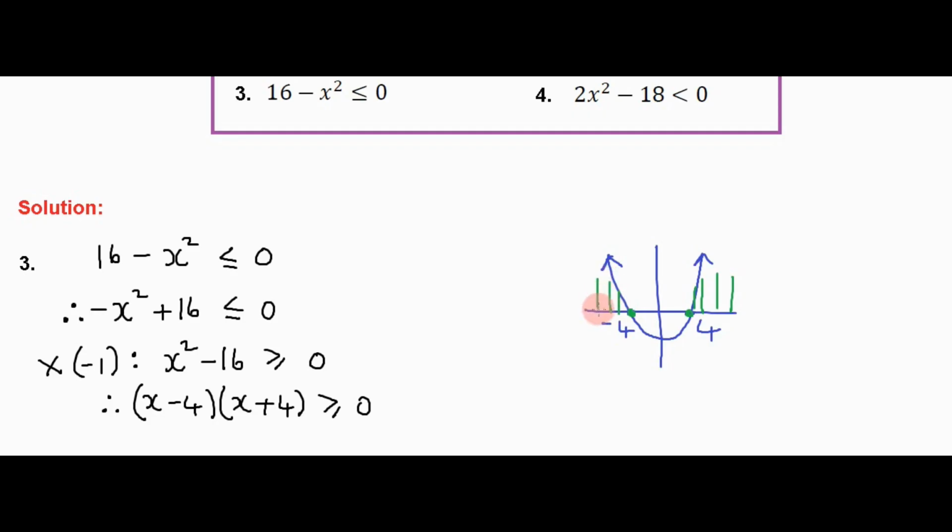So here it also rises above the x-axis and hence is positive. So then our solution will be all x values above 4 or greater than 4, but also including 4, and all x values below negative 4, but also including negative 4.